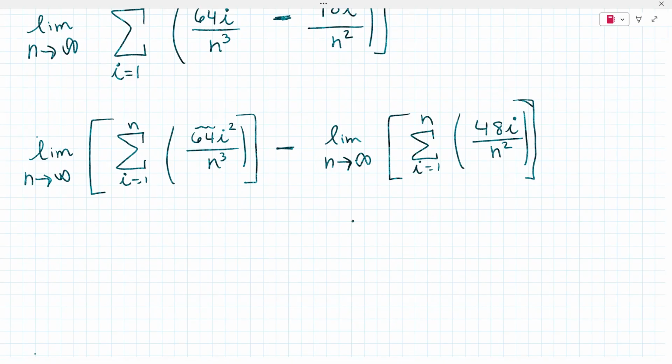So 64 over n cubed, I can take out because it's a constant, so you can rewrite this as the limit as n approaches infinity, taking out the constant 64 over n cubed.